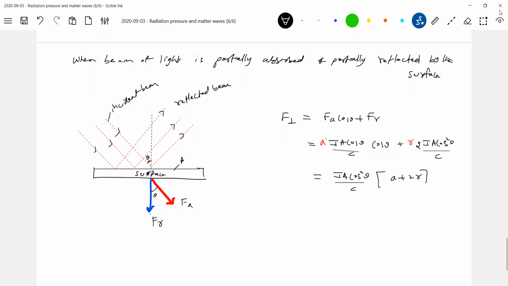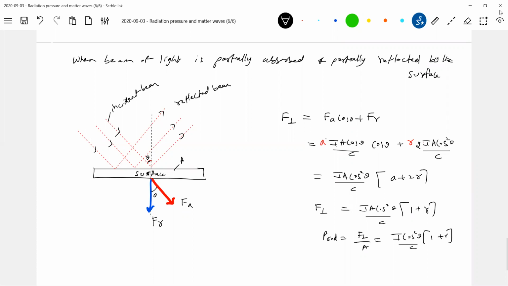And A plus R should be equal to 1. So IA cos square theta by C, 1 plus R. So what is the radiation pressure now? It should be equal to F perpendicular by A, which is I cos square theta by C, 1 plus R.